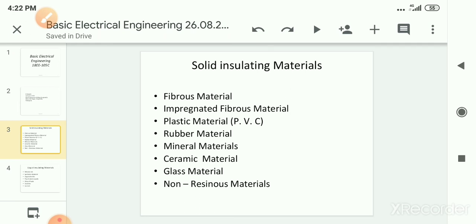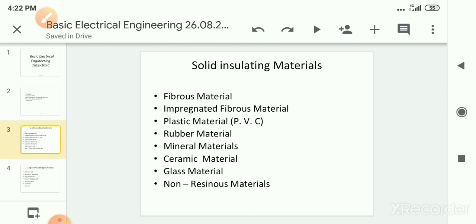So we have to cover many types of materials. We studied the conducting materials also. After that, we studied different types of insulating materials. On the basis of temperature also, we studied class Y, class A, class E, class B, class F, class H, class C type of insulating materials.